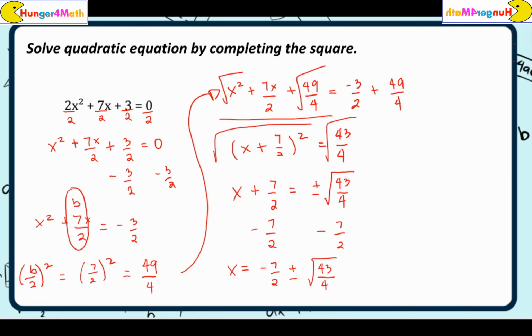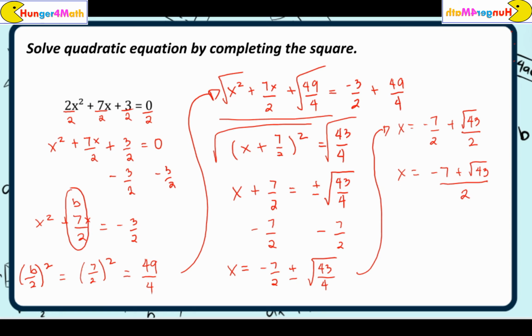Now we're going to split the plus and the minus. So x is equal to negative 7 over 2 plus the square root of 43 over, now the square root of 4 is 2. So we can put this together as x is equal to negative 7 plus the square root of 43 all over 2, since they have the same denominator.